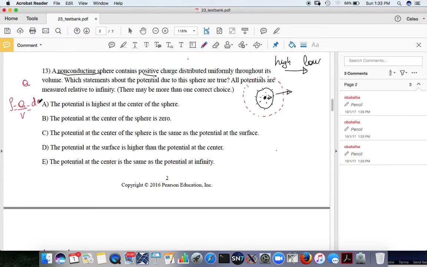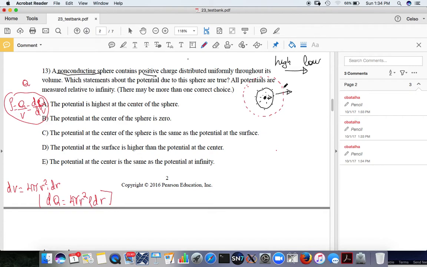Since the distribution is uniform, this is equivalent to Q over dV. The incremental volume is 4 pi r squared dr. Therefore, the charge is 4 pi r squared rho dr.